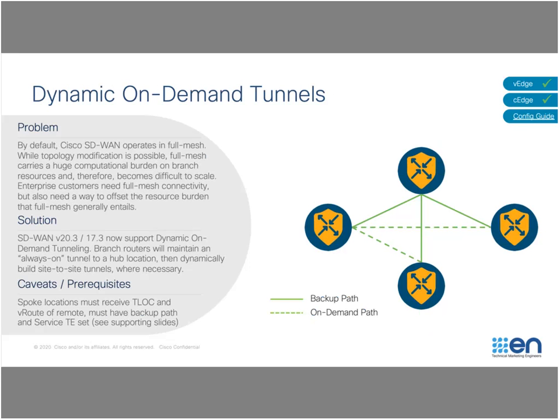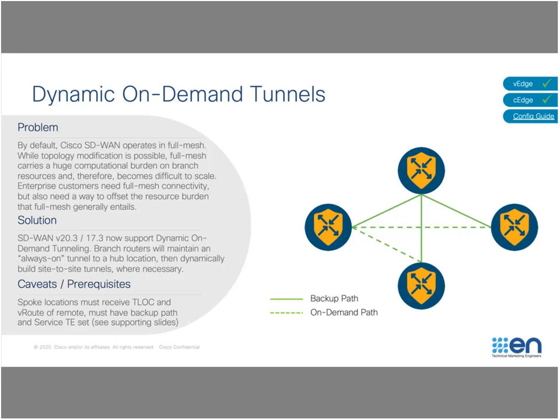When you start to think about organizations that have, in the hundreds of sites and we have multiple transports at each site, now we're getting to a point where we can start overloading the router from a computational perspective. So if you think of it, if I've got just a couple hundred sites, like 200 sites, and each site has two transports, MPLS and internet, or two internet connections, right?